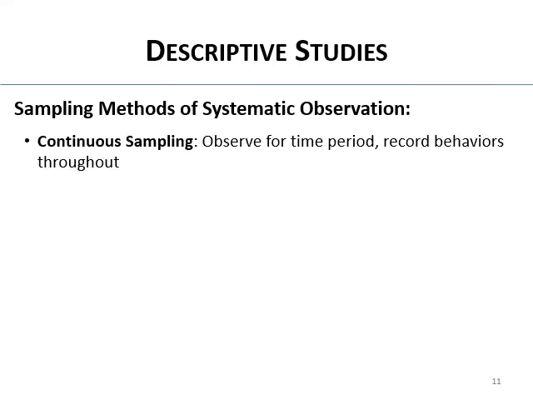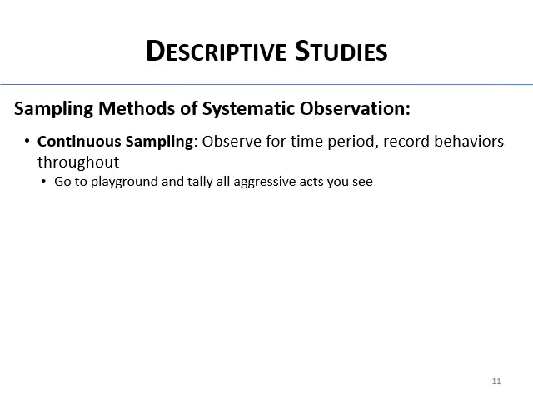So they sometimes use sampling methods. Because you're looking for quite specific behaviors, and there's usually multiple people or animals, sampling methods are sometimes employed so that you can actually handle what's going on in front of you and measure things in a meaningful way. So continuous sampling is not that. Continuous sampling is that you just observe for a time period and record absolutely everything that's going on throughout that time period.